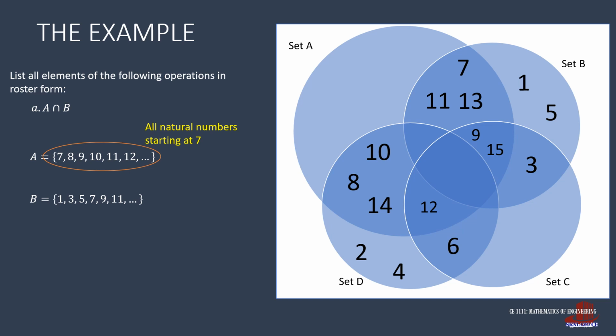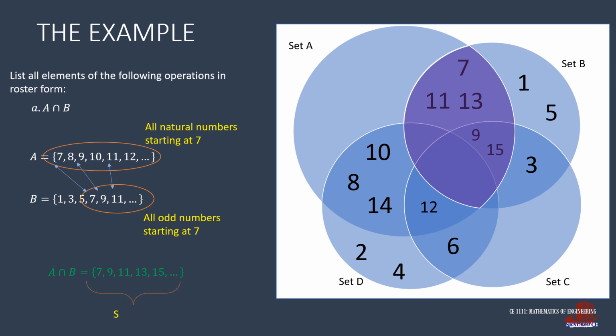Similar with those shown on the overlap, the intersection of sets A and B are elements 7, 9, 11, 13, 15, and all other odd numbers starting from 7. Basically, this is just like set B less the first 3 elements 1, 3, and 5.